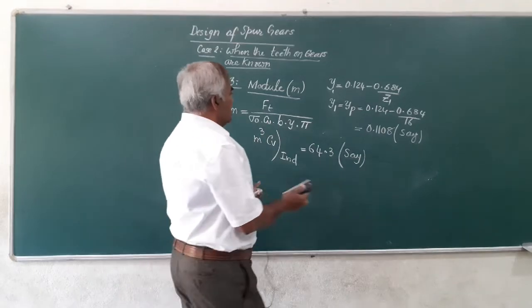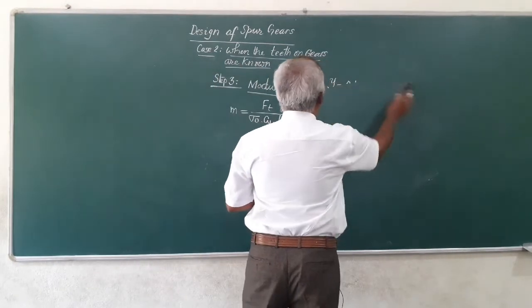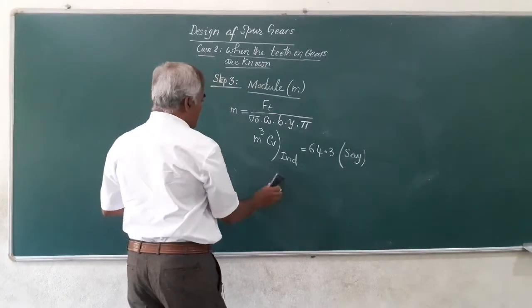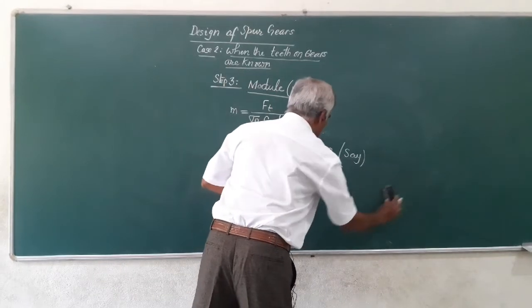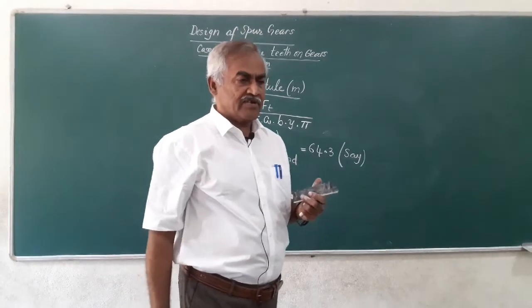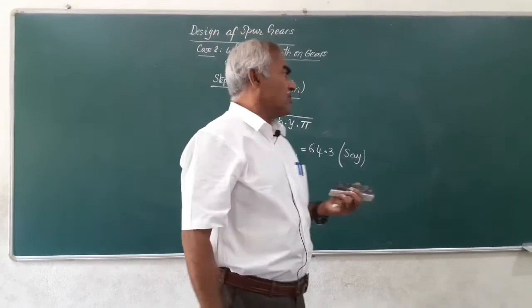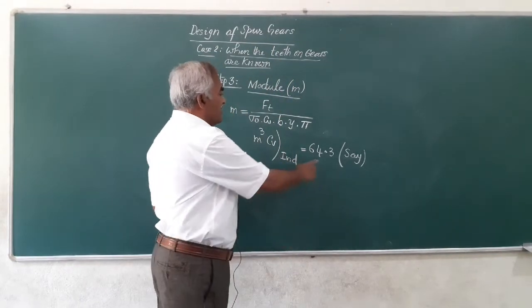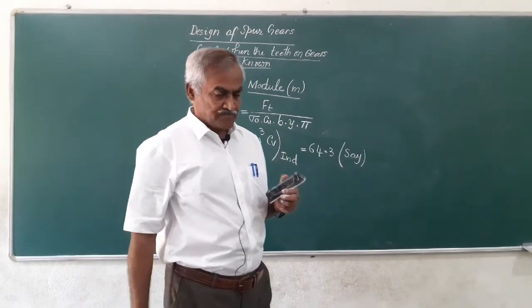So friends, we were able to arrive at the governing equation, the m cube Cv induced for this data on spur gear is 64.3. Then friends, we are going to find out what value of this module will satisfy this equation.